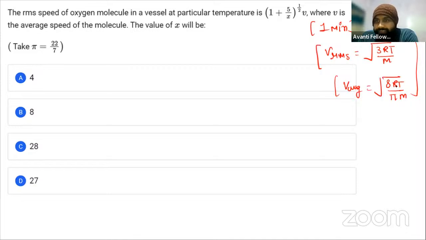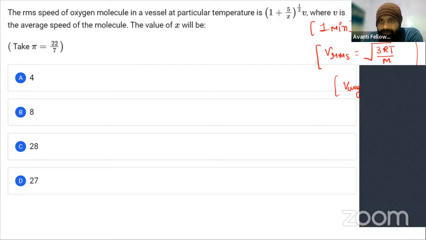So 7 guys are present here. Let's see who will crack it. I will clap for you guys. If you do so, I will clap for you.